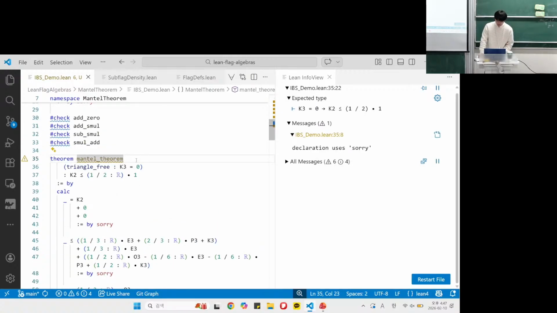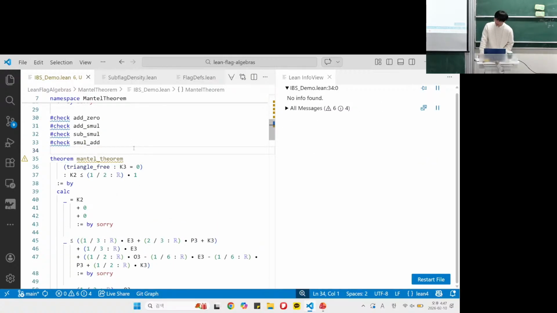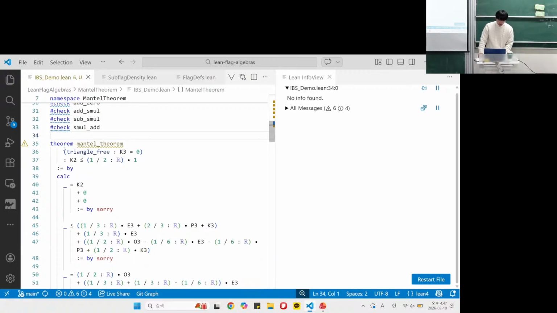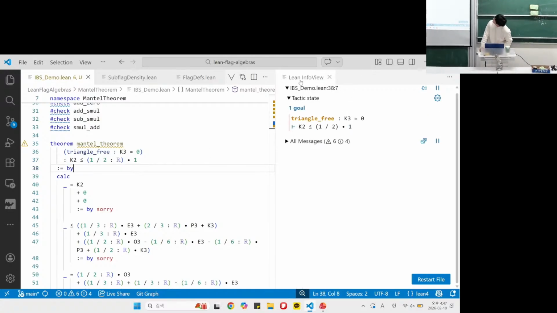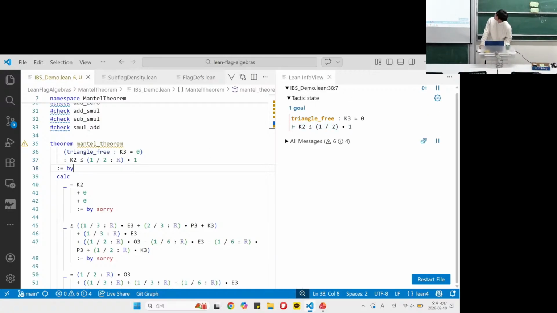Then let's prove Mantel's theorem in Lean. As mentioned earlier, the statement is as follows. Assuming that K3 is 0, our goal is K2 is less than or equal to 1 over 2. So you can see the Lean info view states that we have these assumptions and we have to prove this statement.